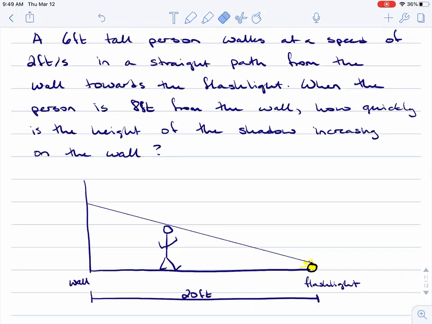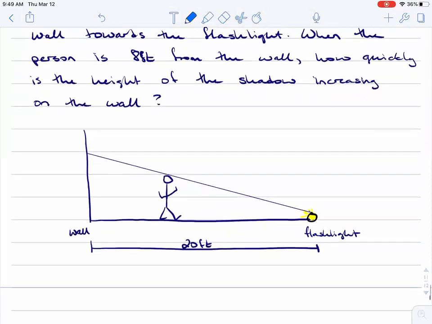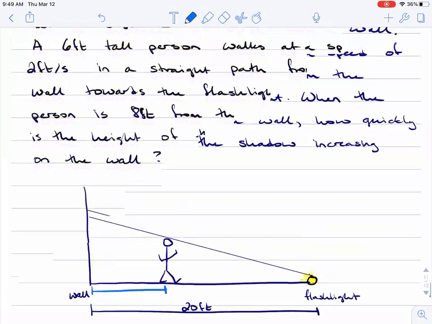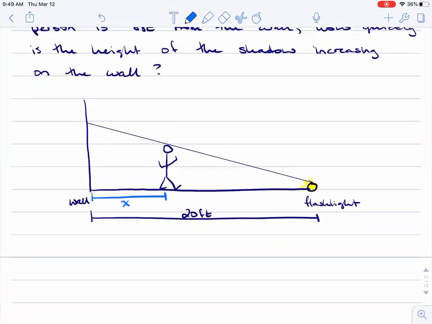And so what I'm going to do is assign some variables here, because I know this rate that he's moving at is 2 feet per second. Right? So if I assign this to some variable x, usually if I'm moving in the x plane, I call it x. If I'm moving in the y plane, I call it y.